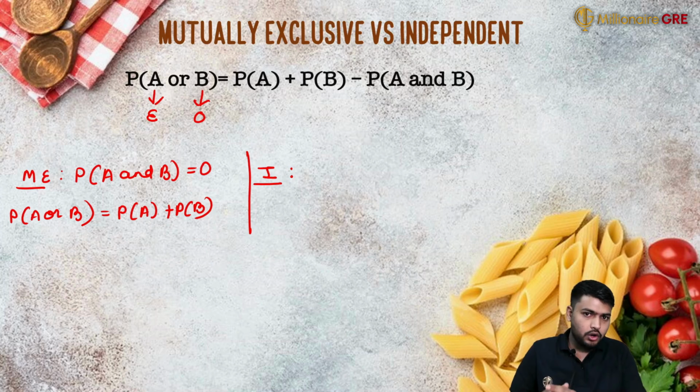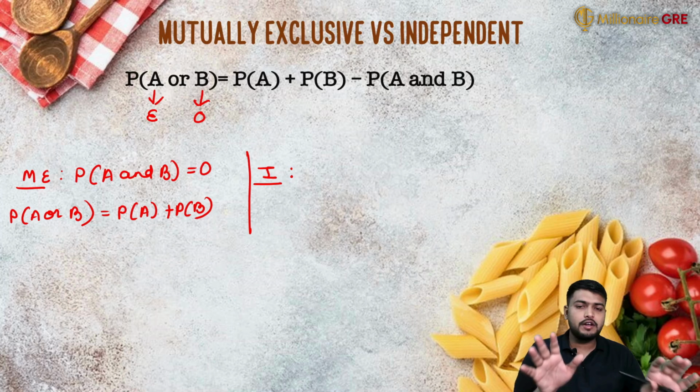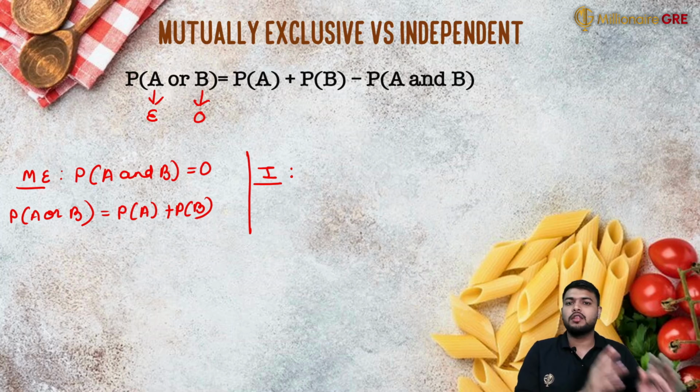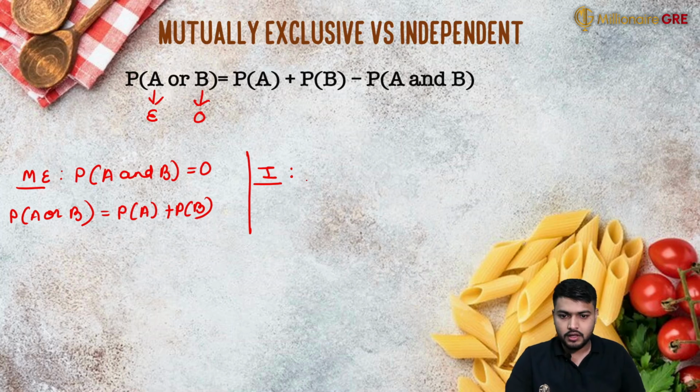Now the first roll has no bearing on the second roll. Those two events are independent. If events are independent, then P of A and B is equal to P of A times P of B.